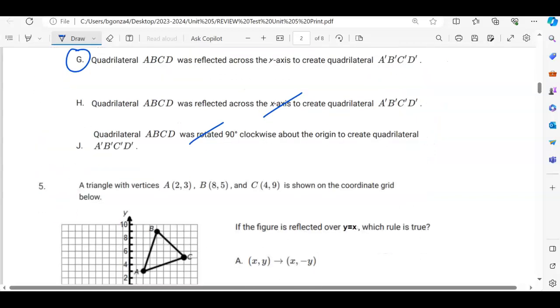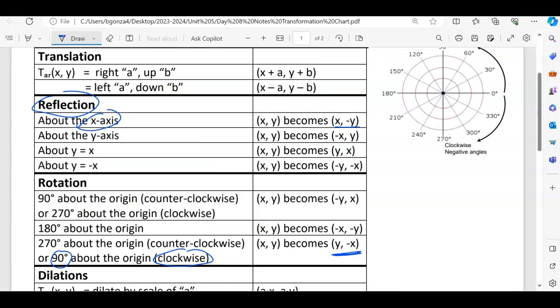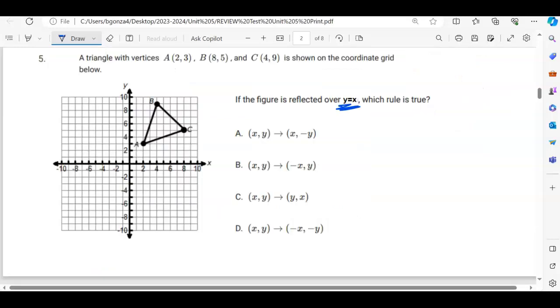All right. Well, number 5. We have this triangle, and it says if the figure is reflected over y equals x, which is true. So again, go back to your rules. Reflect over y equals x. Your rule is y comma x.